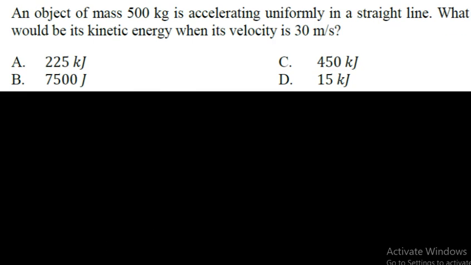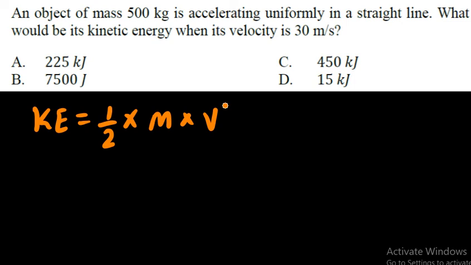The next question says an object of mass 500 kg is accelerating uniformly in a straight line. What would be its kinetic energy when its velocity is 30 meters per second? Here it's a matter of formula. Remember, kinetic energy is half times mass times the velocity squared. This is the formula.